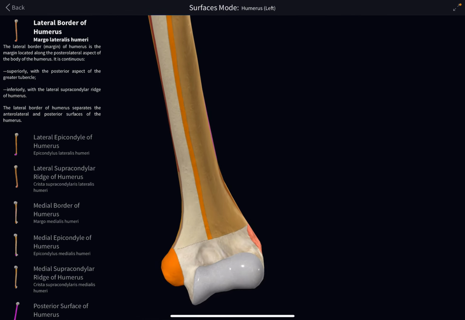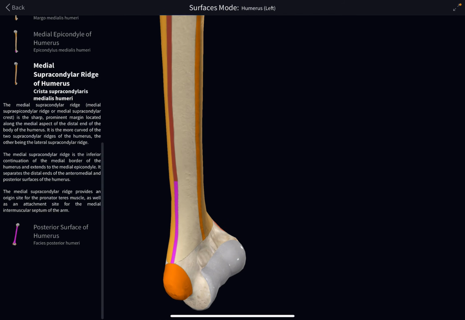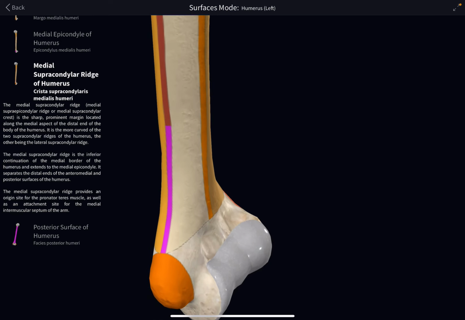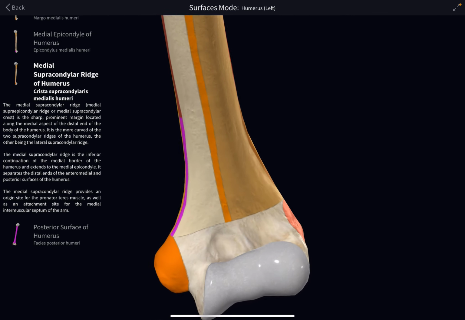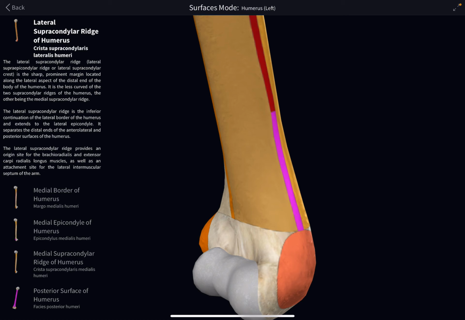On the medial side, the medial border is called the medial supracondylar ridge. It's nothing but the sharp lower part of the medial border. And similarly on the lateral side, there is a lateral supracondylar ridge, which is the thickened, sharp lower part of the lateral border.